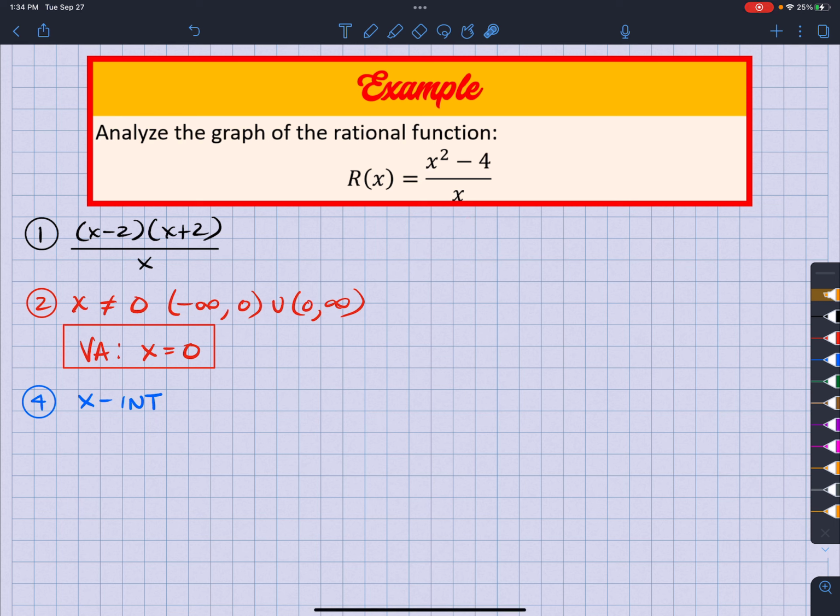So that means this fraction needs to equal 0. So all I got to do is say 0 is equal to x squared minus 4. If the top is equal to 0, 0 divided by anything is just going to be 0. So in this case, I already factored this. This was x minus 2 and x plus 2. So I know that I have my x-intercepts at (2, 0) and (negative 2, 0).